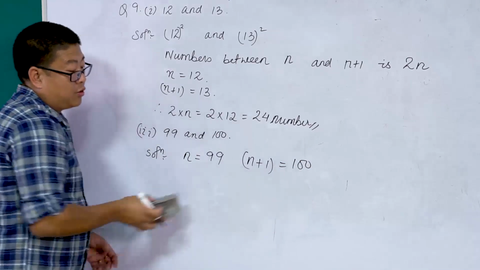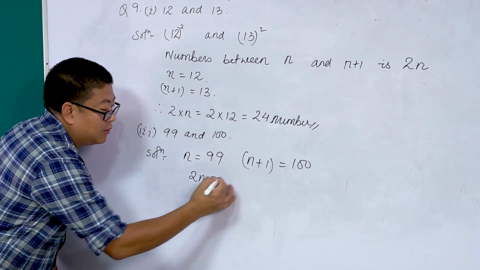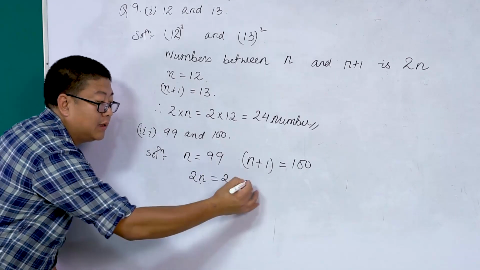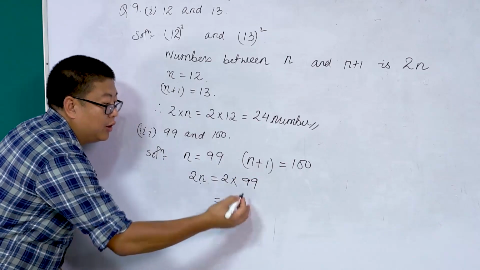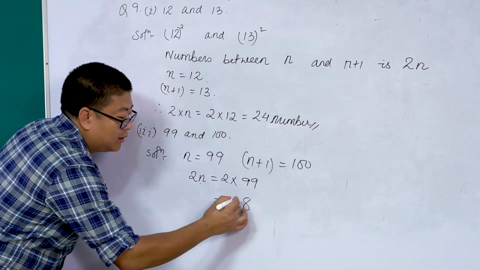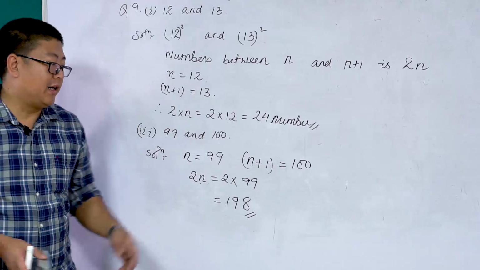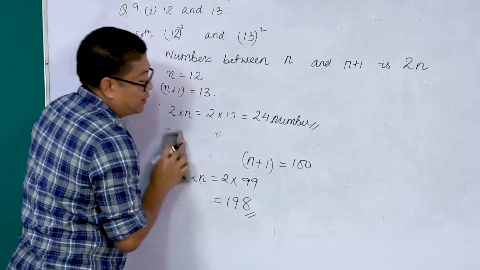All right. So you simply have to take 2n. So 2 into n is nothing but 2 into 99. 2 into 9 is 18, 1 in hand, 2 into 9, 18, 18 plus 1, 19. So this is your answer. I hope this is clear. Let's move on to the next question.